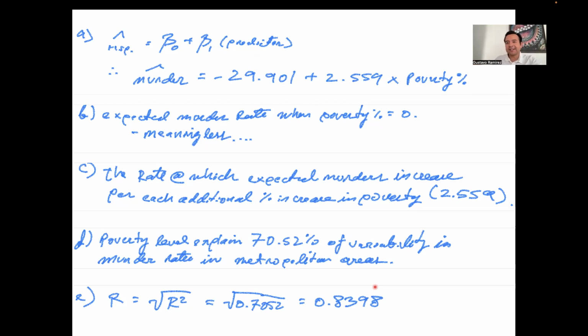So don't think into that too much. Again, you can't have negative murder rates, so the y-intercept of that line is truly meaningless in this case, and that is okay.